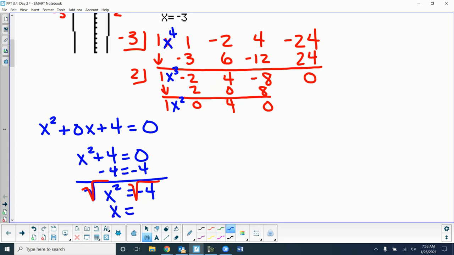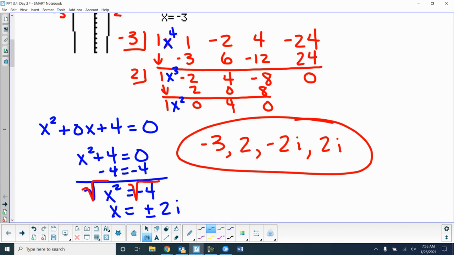So x equals plus or minus, and what is the square root of -4? 2i. So there's my two imaginary or non-real zeros. So the four zeros are -3, +2, -2i, and +2i.